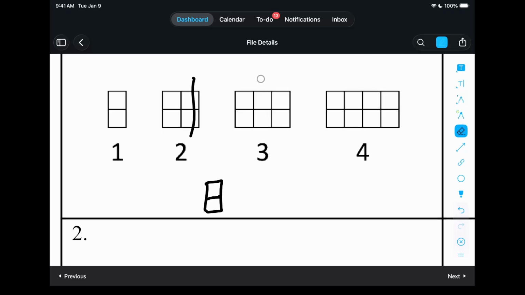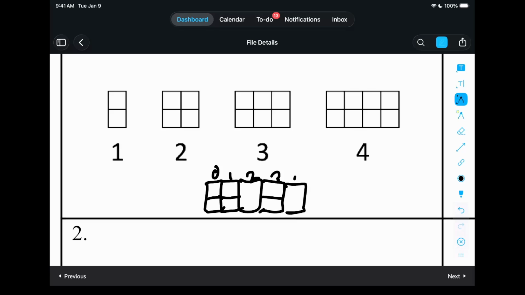So when I'm looking at it, I'll imagine this is row 0 for this problem, and then here we have 0 and 1, 0, 1, and 2, 0, 1, 2, and 3. So if I had to draw a fifth figure, this would be my 0th row, then 1, 2, 3, and 4.